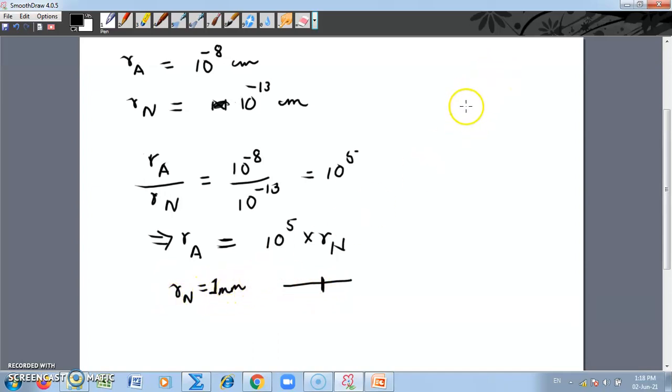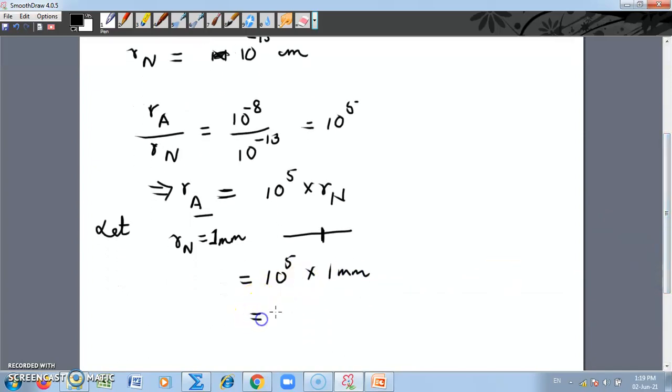Then what would be the radius of the atom in comparison to this? Let's see. So let the radius of the nucleus be equal to 1 millimeter. So it is 10 to the power 5 into 1 millimeter, and let us see what that amounts to, which is equal to 0.1 kilometers, means 100 meters. If you work this out, it is 100 meters.